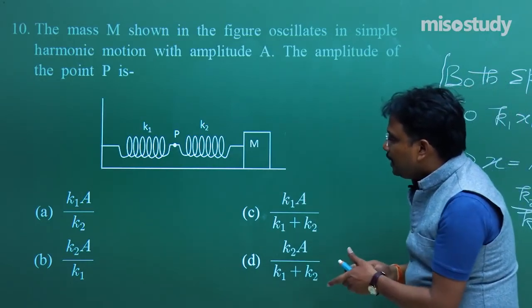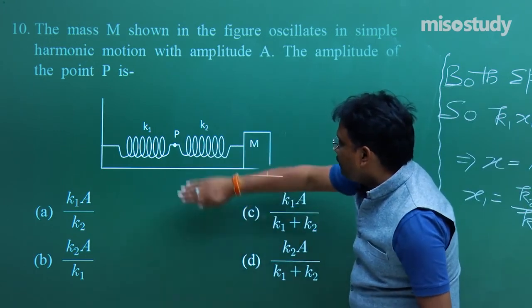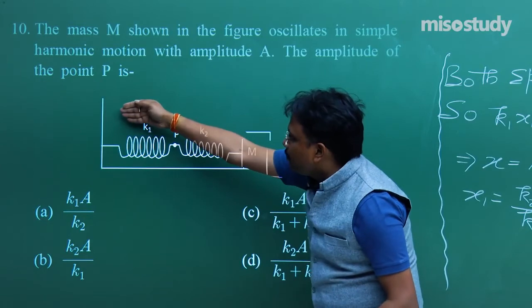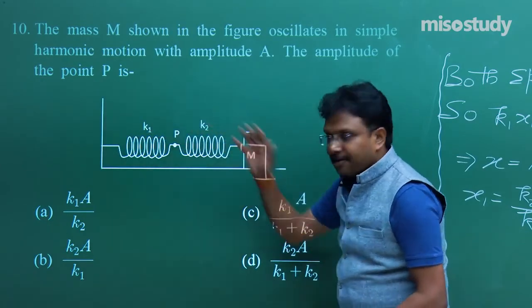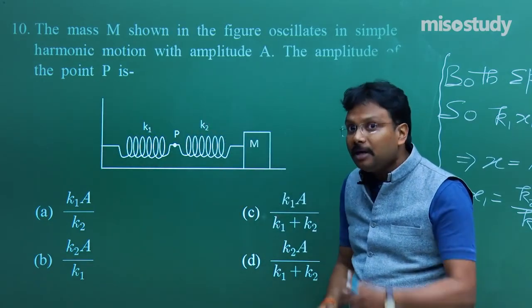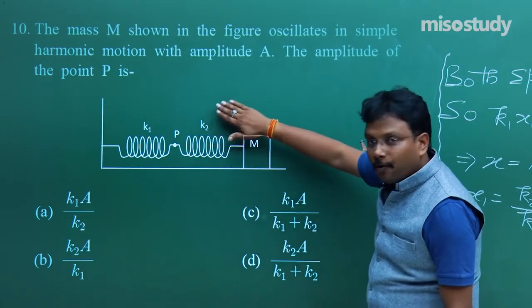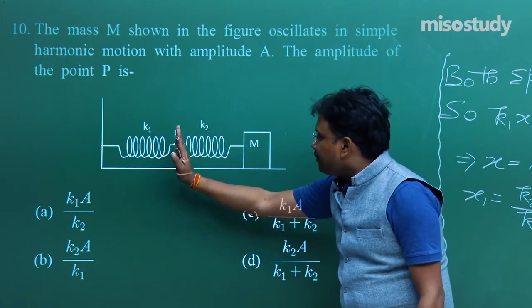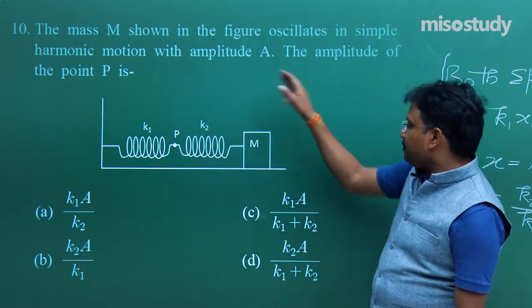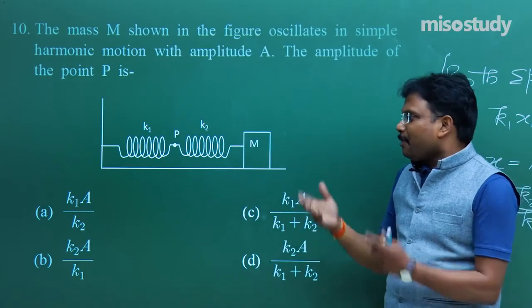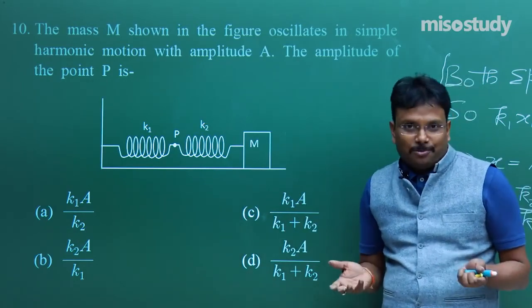Let's say we remove this spring from here, attach the spring over here and then attach the mass. That is one possibility. Another possibility: cut this spring from this place, attach the mass over here, attach this spring over here and then put one more wall over here. So these types of different combinations are possible.